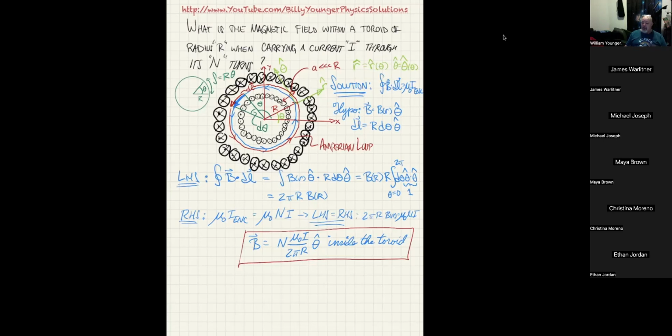So the total amount of current that's coming out of the page inside of that Amperian loop is capital N times I. That's it. If I used a lowercase n, which would be the number of turns per unit length, then I need a length as well. Does that make sense? All right.